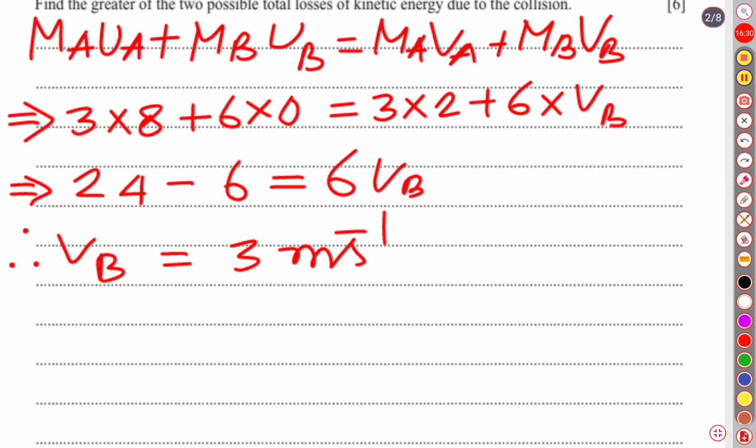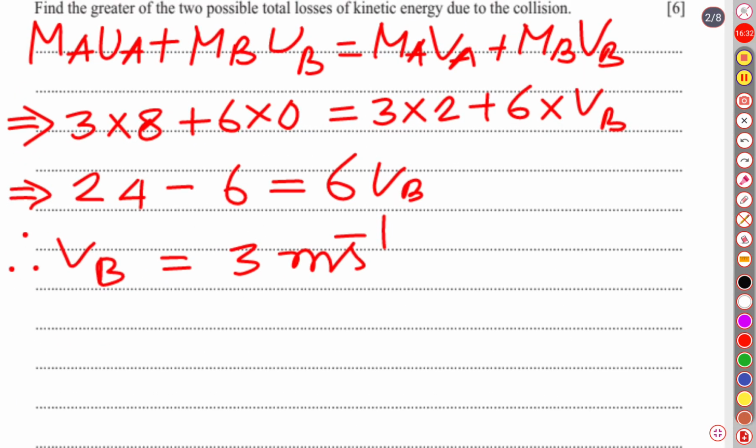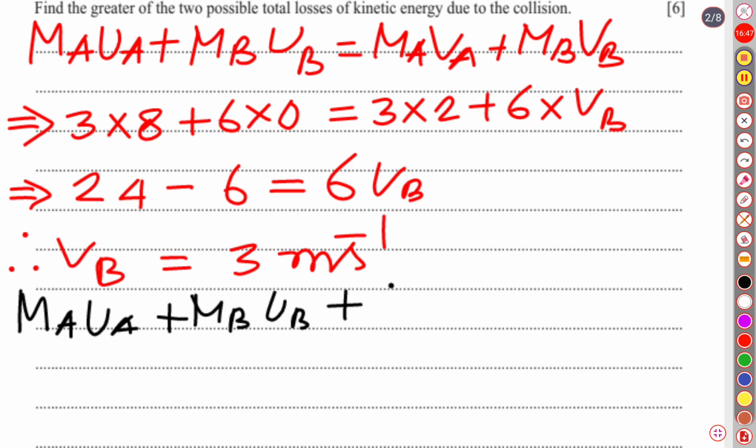For the second possible case, we apply the same concept, conservation of momentum: mass of particle A and UA plus MB UB, velocity before collision, equal to mass of particle A and velocity just after collision plus, here we may make a change.